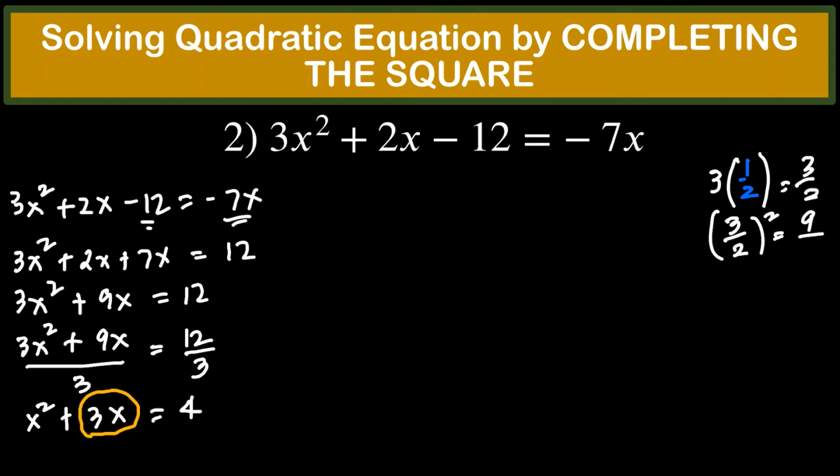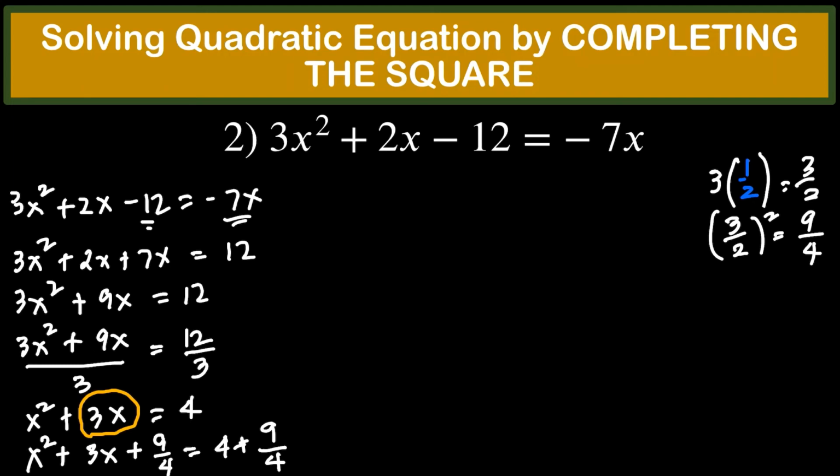That will give us 9 over 4. And so we're going to add 9 over 4 to both sides of the equation. So this will give us x squared plus 3x plus 9 over 4 equals 4 plus 9 over 4.